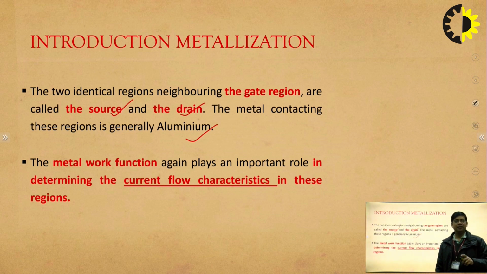And here, the work function of the metal that we use for source and drain is used in determining the current flow characteristics in these regions. As we know that the current in a MOSFET flows from source to drain between these two terminals. So the work function of the metal contacts, aluminium that we use, plays an important role in determining the current flow characteristics.